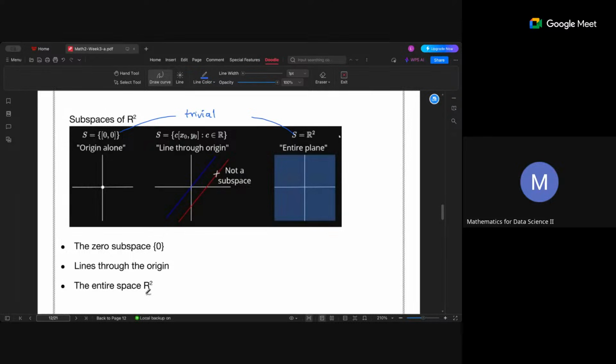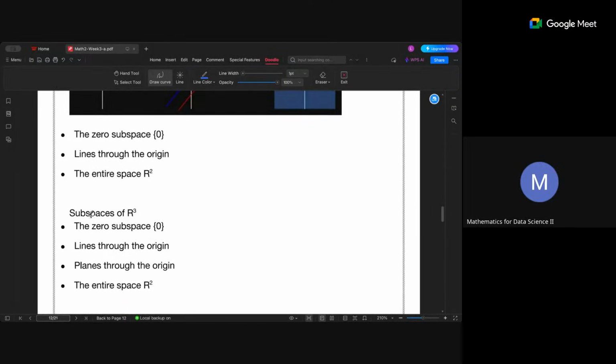These are the subspaces of R2. And similarly, what are the subspaces of R3? The trivial subspaces, the zero subspace and the entire space R3. Lines through the origin and planes through the origin. So these are all the possible subspaces of R3.